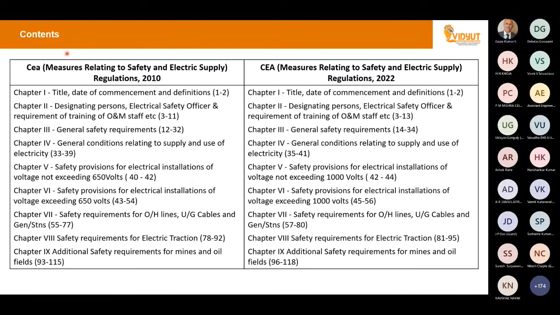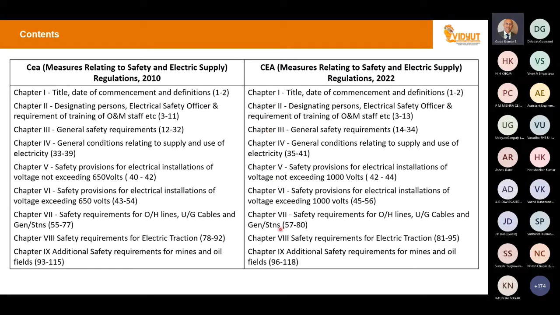Now, contents of the regulation. The 2010 regulation consists of chapter 1 to chapter 9 up to regulation 115. Also something more in the new regulation. On the right side, what you are seeing is the new regulation, chapter 1, chapter 2.